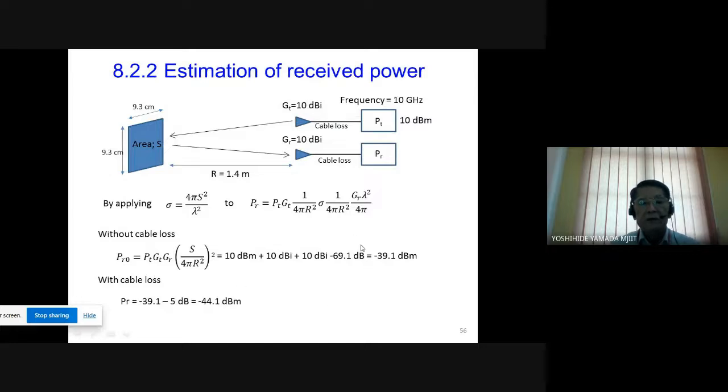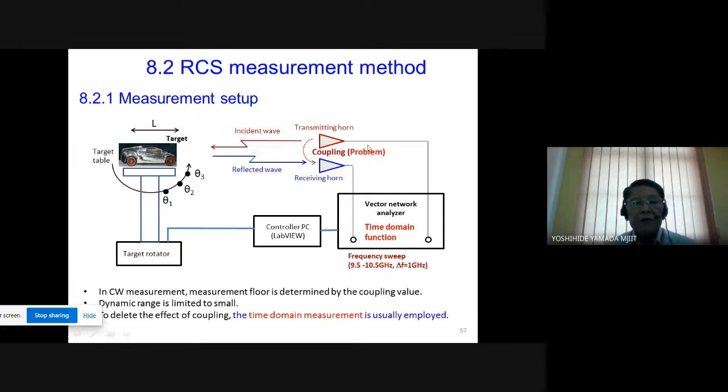This shows an example of calculation of received power. So in practical measurement, radar cross-section is a measure.